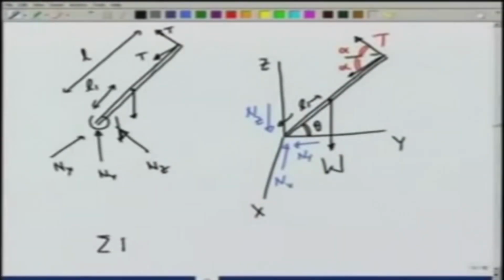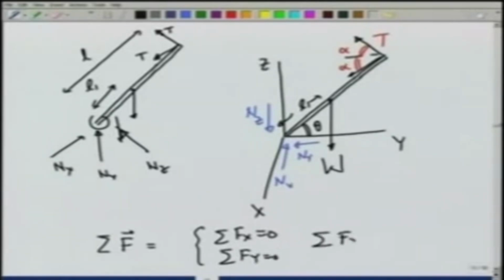So, let us now consider the equations for equilibrium. Summation over F gives summation Fx is equal to 0, summation Fy is equal to 0 and summation Fz is equal to 0. Let us consider forces in all three directions.